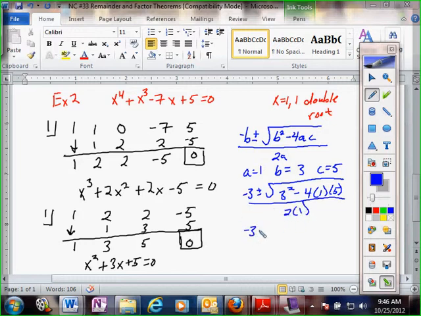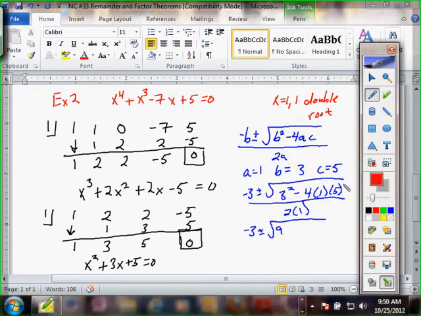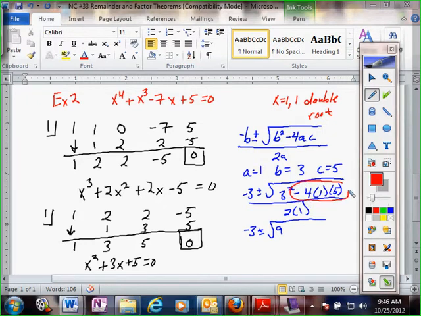Simplifying, I have negative 3 plus or minus. 3 squared is 9. Then I do all of this next. This is very important. You must multiply these 3 things together. You can't take 9 and subtract 4. That breaks the order of operations. So negative 4 times 1 is negative 4, and negative 4 times 5 is negative 20, over 2.